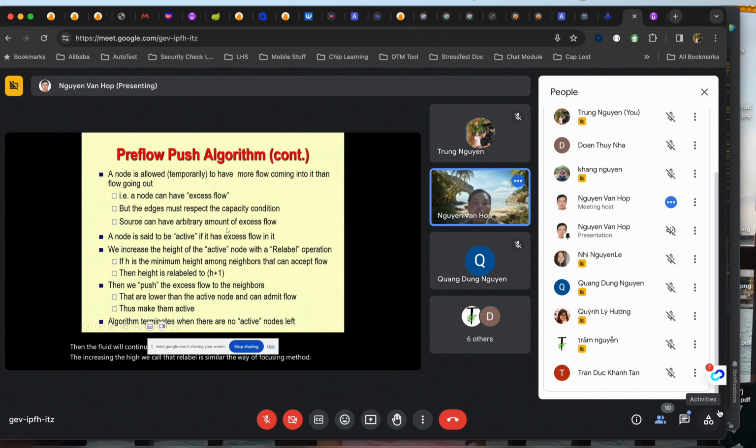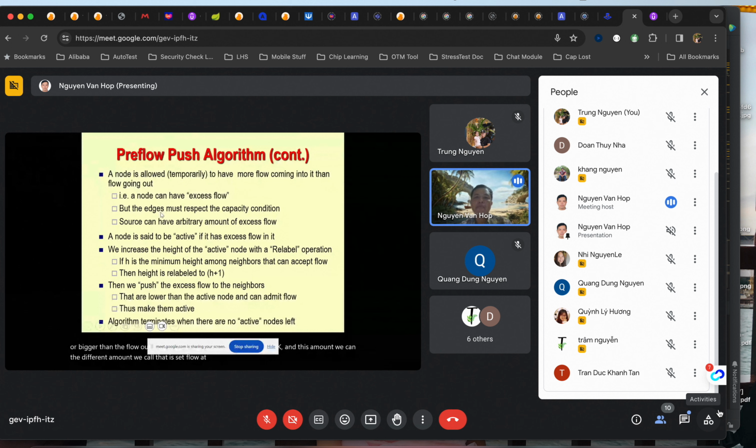Now, a node is temporarily allowed to have more flow coming into it than flow going out. In this case, because the flow grows gradually, the balance condition cannot be satisfied, because the flow in is always bigger than the flow out. Therefore it is only temporary. The difference we call the excess flow at each node.